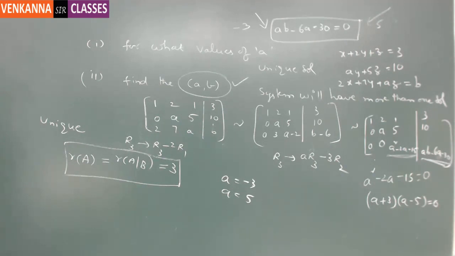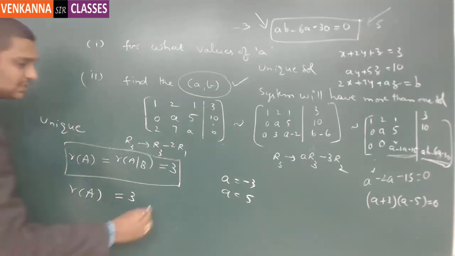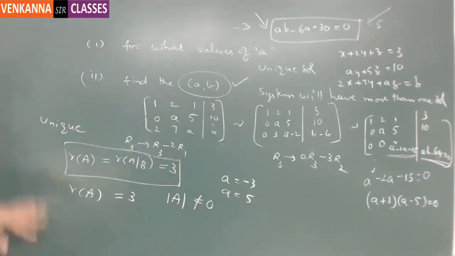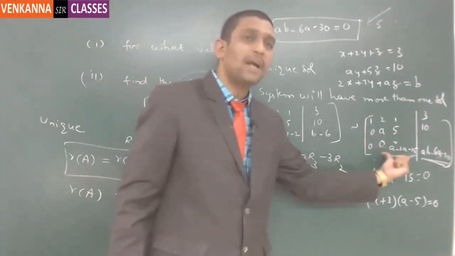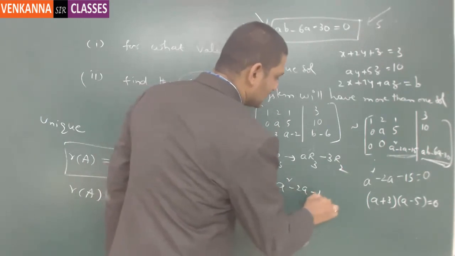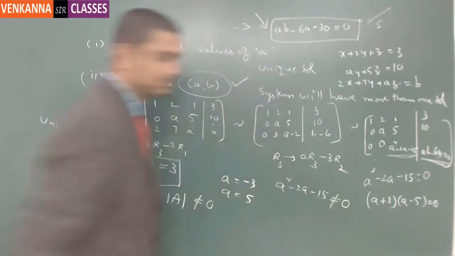Yes, if a is not equal to -3 and a is not equal to 5, in such cases, determinant of A is not equal to 0, so that the three values are equal, hence you will have a unique solution. Please understand, rank of A equal to 3 means determinant of A must be not equal to 0. It is possible only when this part is not equal to 0. That means a² - 2a - 15 must not be equal to 0.